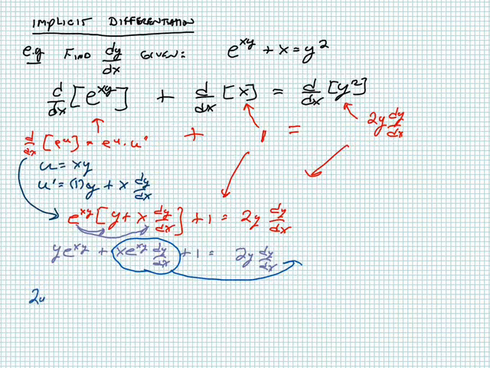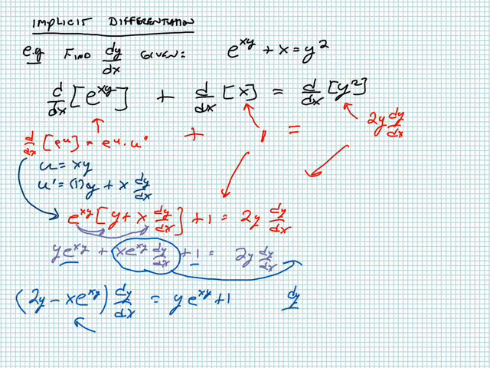So I've got 2y minus x e to the xy, times dy/dx, is equal to y e to the xy power plus 1. And then the last thing, I'm going to divide both sides by this term, and I get dy/dx is equal to y e to the xy plus 1, all over 2y minus x e to the xy.